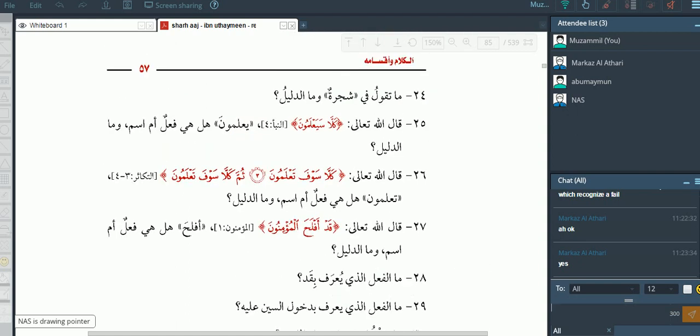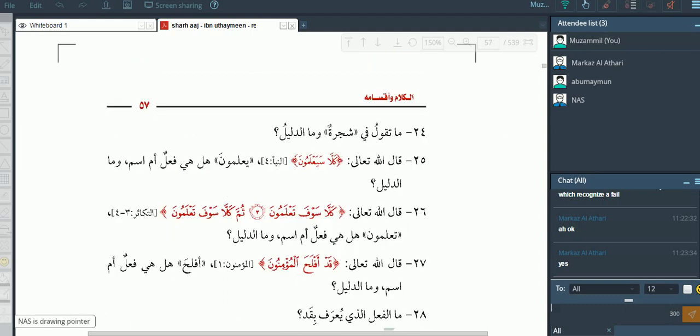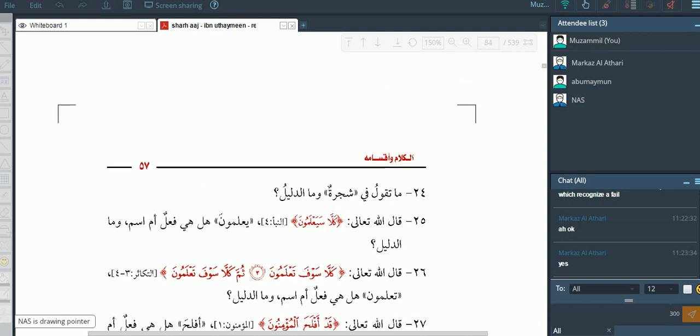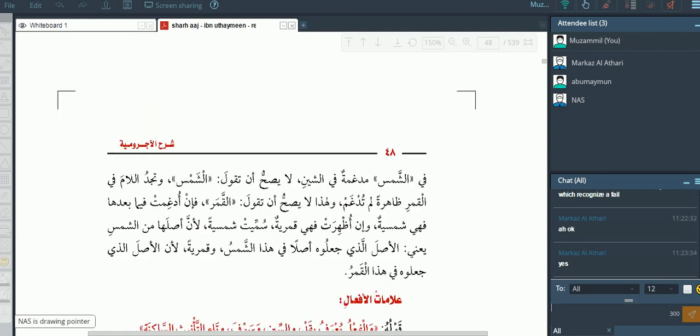Then the Shaykh says, question 28, ما الفعل الذي يعرف بقد? Which verb is known with قد?